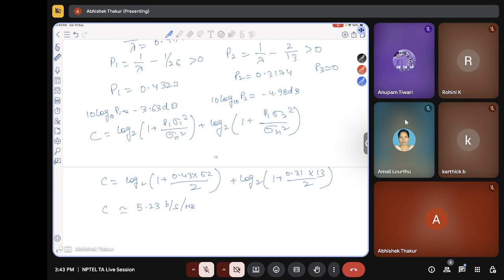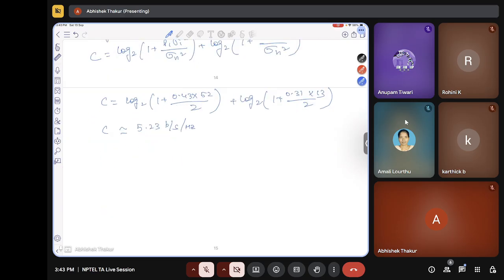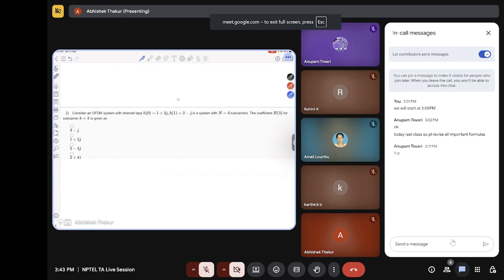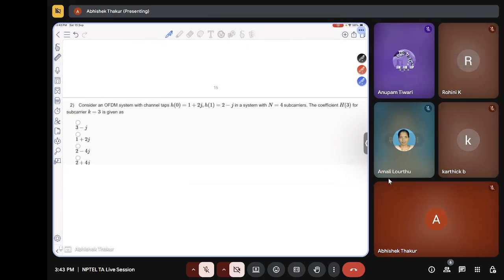Now we'll move on to question number 2. In this question, it is asked: consider an OFDM system with channel taps H0 equal to 1 plus 2j, H1 equal to 2 minus j, and N equal to 4 subcarriers.